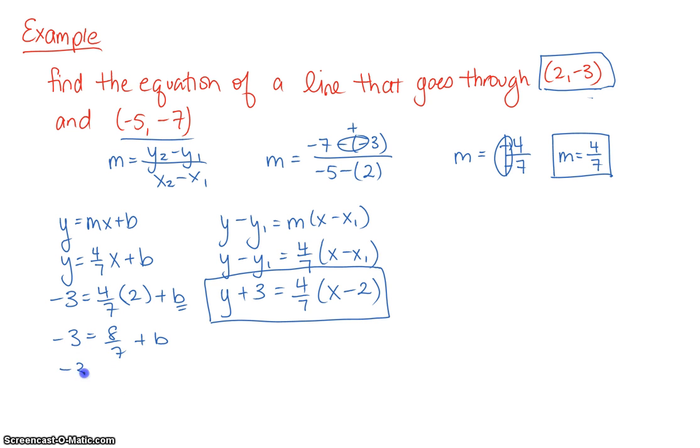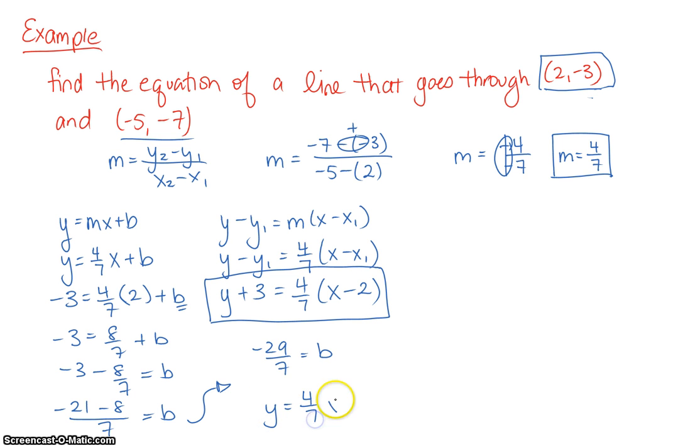Isolate for b. Negative 3 minus 8 over 7 equals b. And get my common denominator. Negative 21 minus 8 all over 7 is equal to b. And keep moving on over. And then I'll have negative 29 over 7 is equal to my b. So I can then write my equation as y equals 4 over 7x minus 29 over 7. So that would be my slope-intercept format.